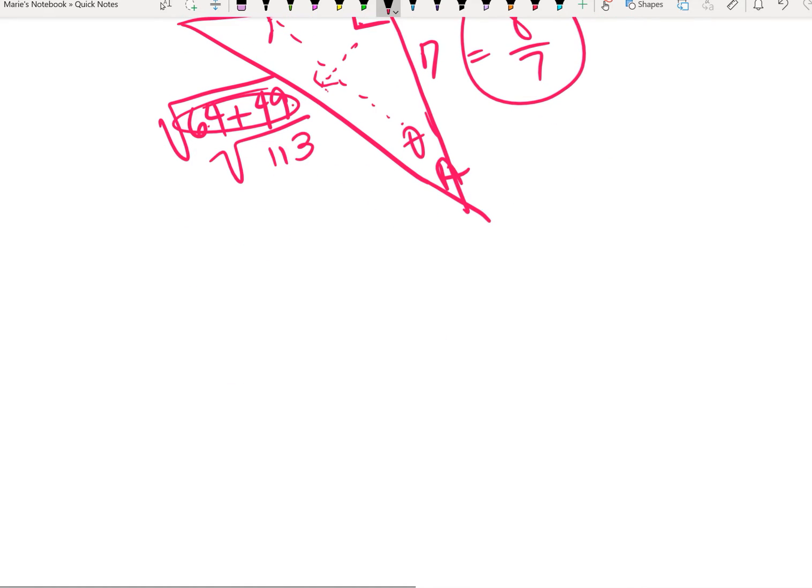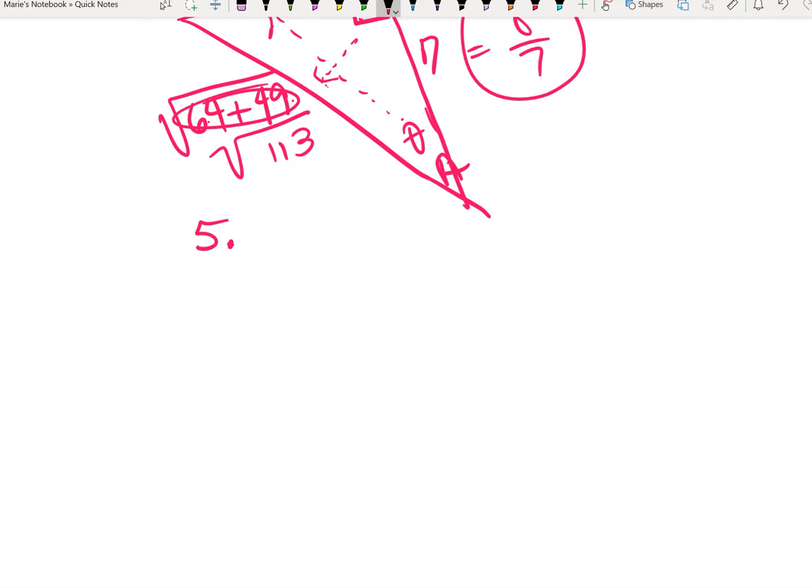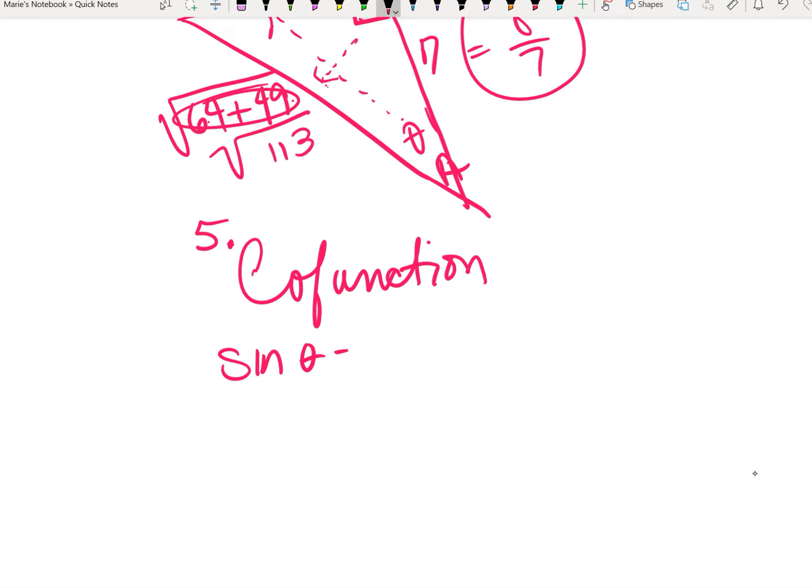All right, so let's look at question number 5. In question number 5, it says find the cofunction. So the cofunction, if you remember, begins with sine theta is equal to cosine of 90 degrees minus theta, or it could be pi over 2.